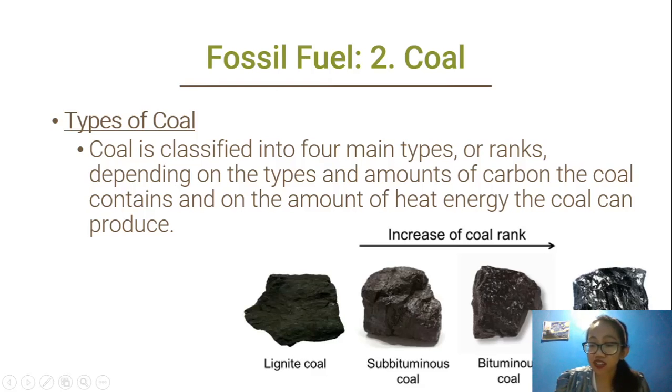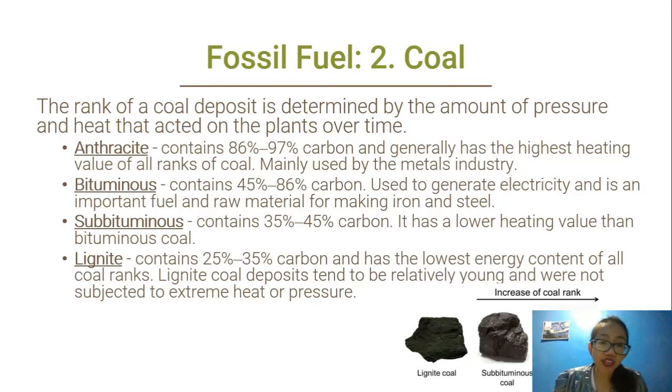Of course, the glossy one, anthracite, has the highest rank and produces most of the energy. It contains 86 to 97% carbon and has the highest heating rank. Bituminous has 45 to 86%. Subbituminous contains 35 to 45, and lignite contains 25 to 35.